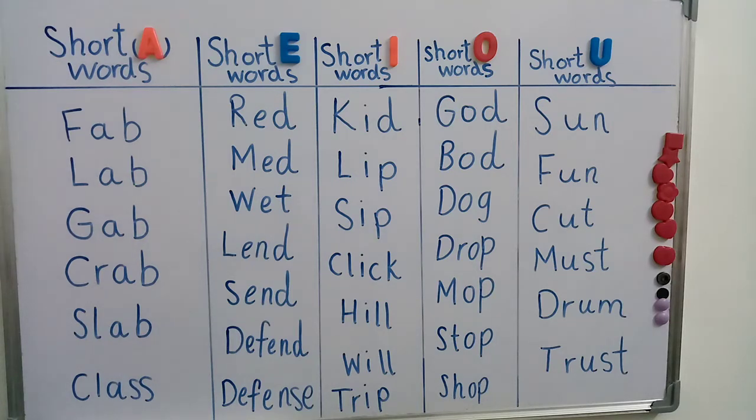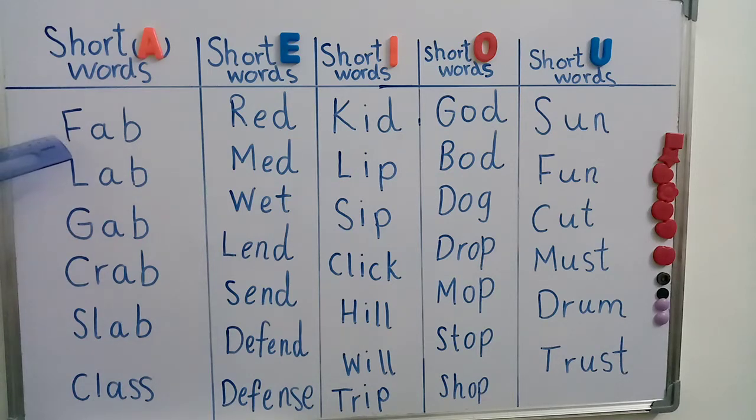Look at the board and let's start with the short A words. We said, what does the A say? The A says a. So here, as you can see in these words, we have mid-vowel A words, and all these words are closed by consonants, so the vowel will be a short one.